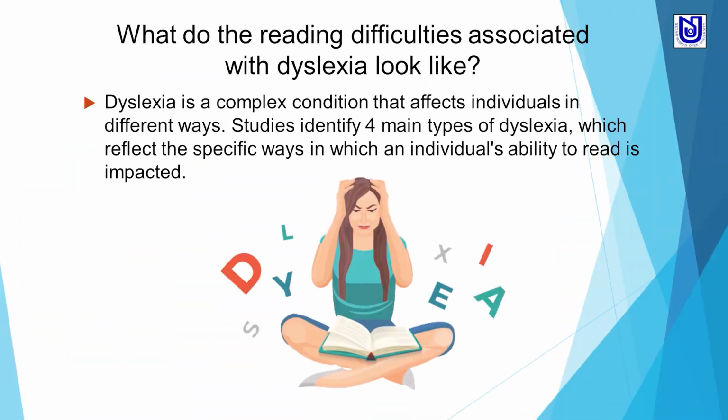What do the reading difficulties associated with dyslexia look like? Dyslexia is a complex condition that affects individuals in different ways. There are studies that identify 4 main types of dyslexia, which reflect the specific ways in which an individual's ability to read is impacted.